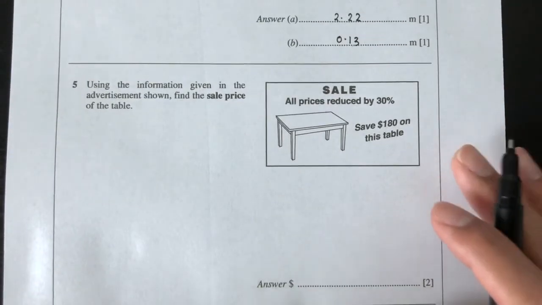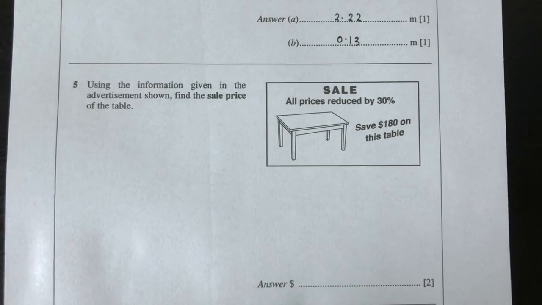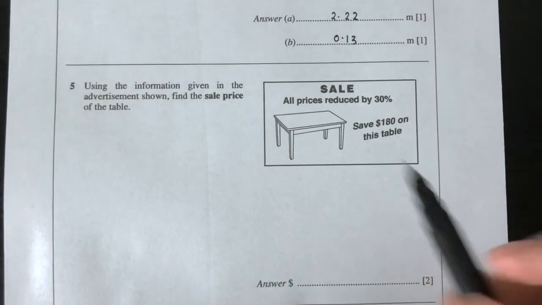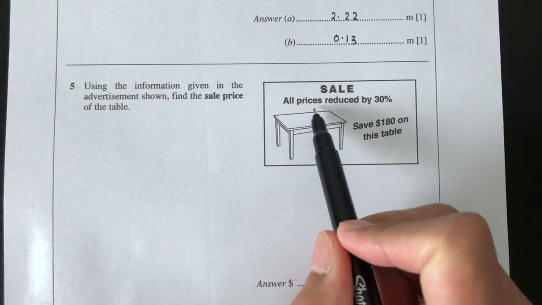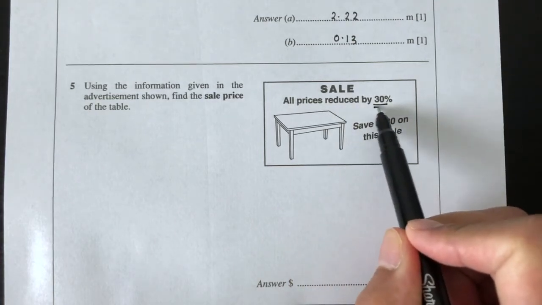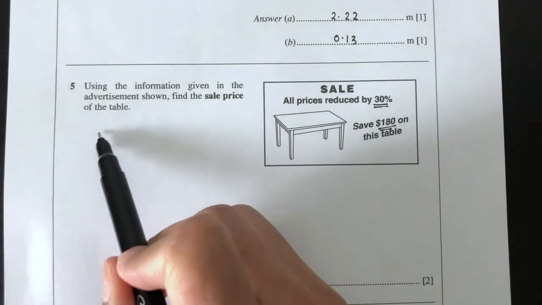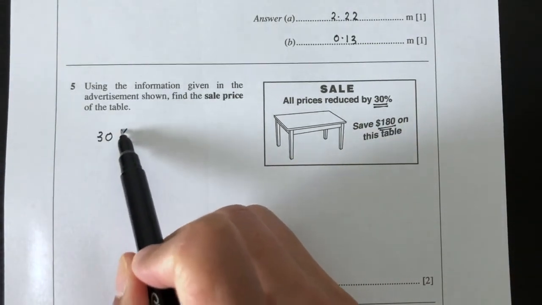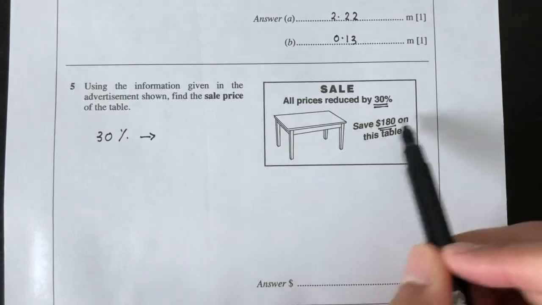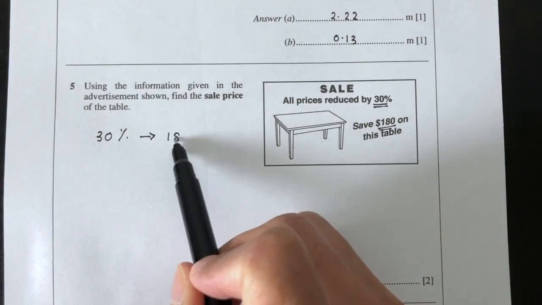Now question number 5. Using the information given in the advertisement shown, find the sales price of the table. Okay, so one by one, you observe that it shows all price reduced by 30% and the discount is 30%. So you realize that the 30% actually means the amount it is reduced by, which is 180.